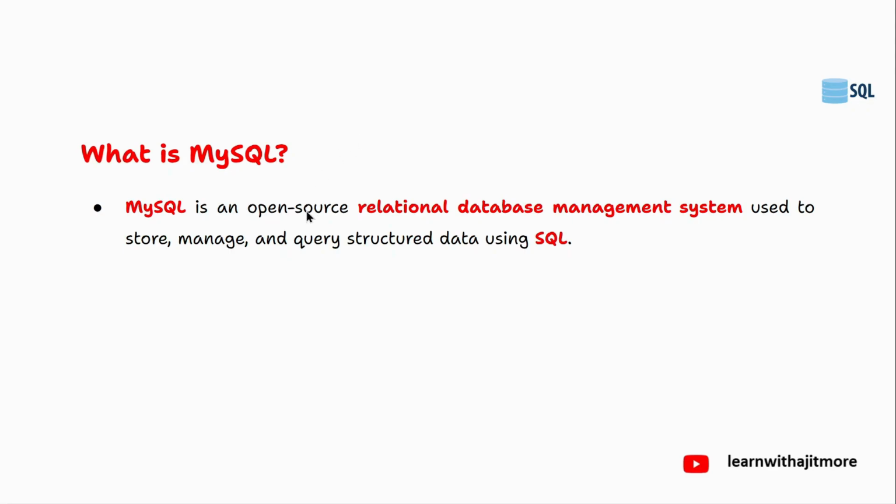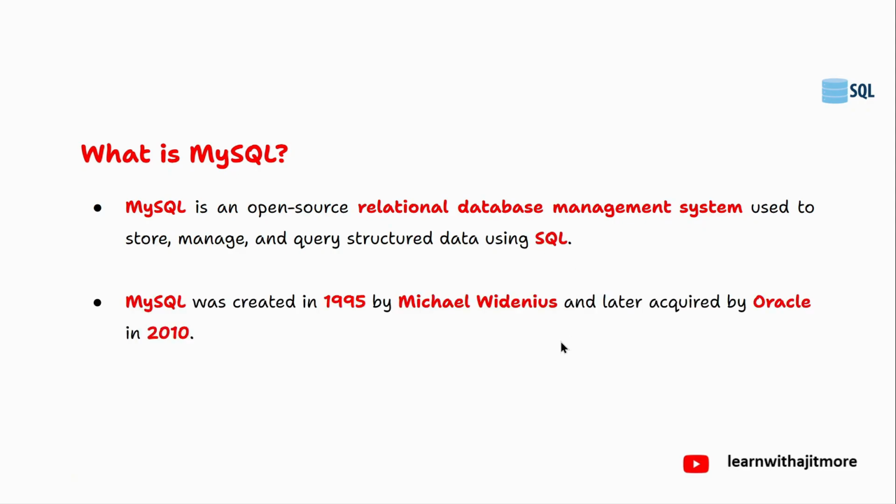Freeware means you just have to download, install, and start using, no license purchasing and all. And it's a relational database. Everything is kept in table form. Using MySQL, we can do activity on the database: create your database, then perform manipulation on it. You can retrieve data, insert, update, security, everything is provided. But to talk with MySQL, again, I said you have to interact with MySQL only using SQL.